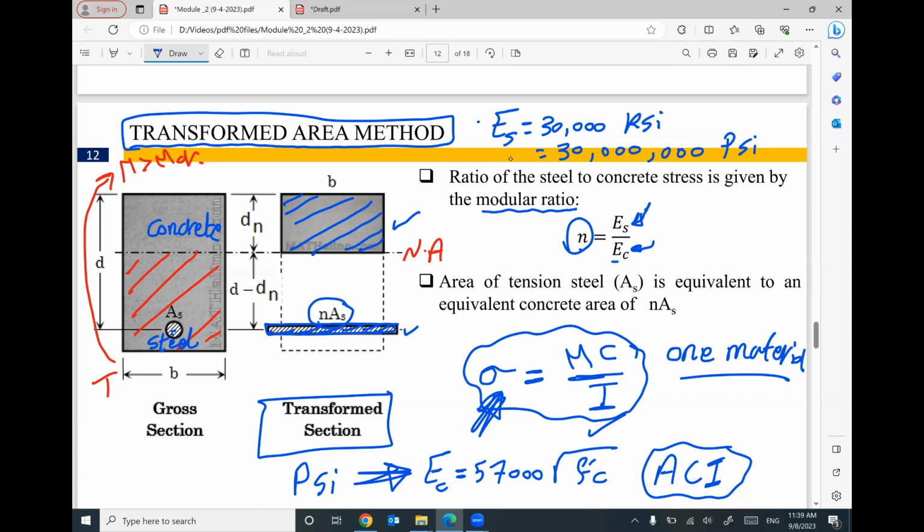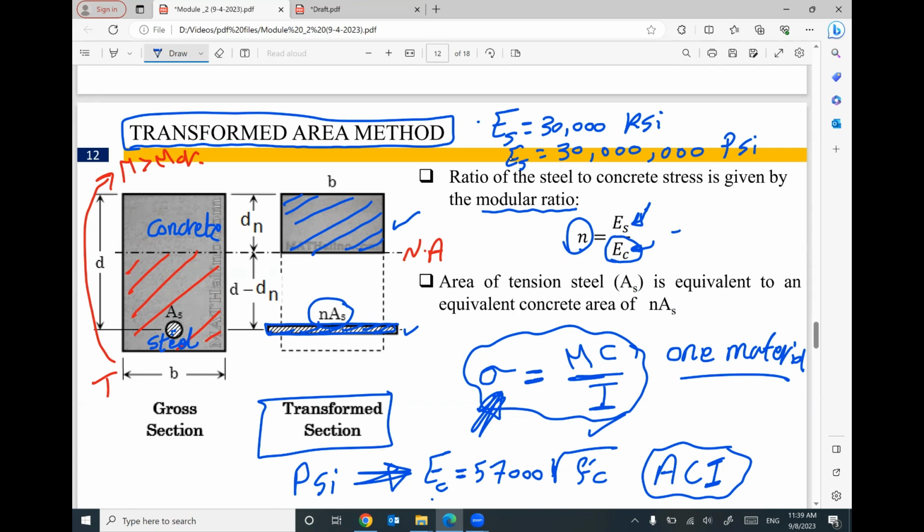So the denominator can be developed from the value of F prime C. F prime C is the key to solve any problem. From F prime C, I can figure out the value of FR like we did in the previous example. From F prime C, I can figure out the E concrete, and E steel is not given, so you have to remember it, 30 million PSI.